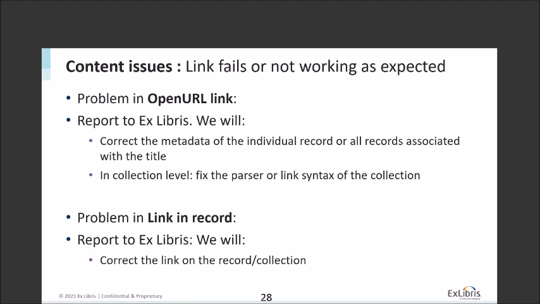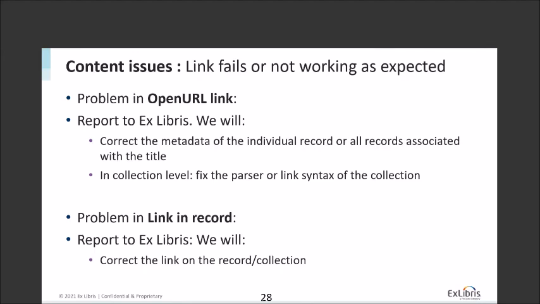Sometimes the open URL linking is failing on the other side, at the collection level, meaning that the parser, the piece of code or the process that takes the open URL from Primo and generates the link according to the link syntax that we know from the provider, is not working well.